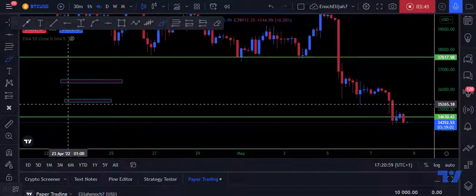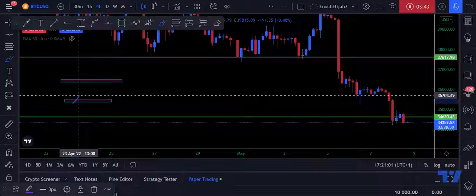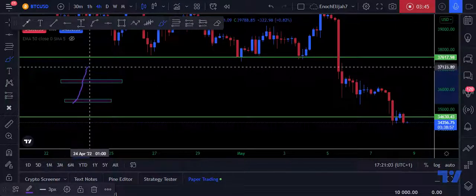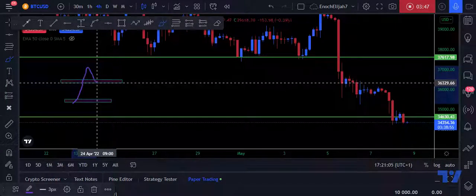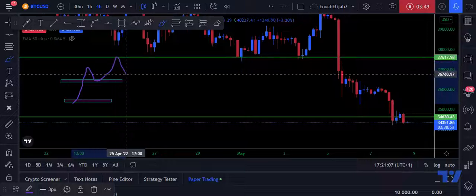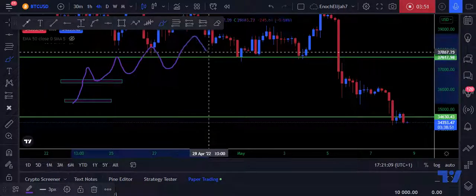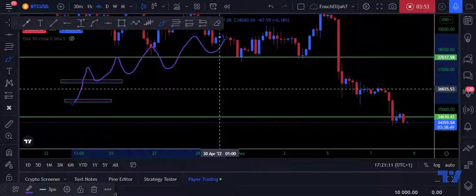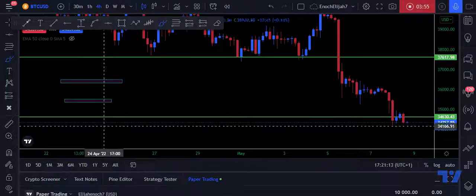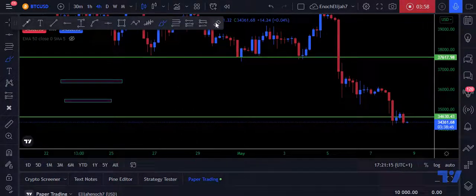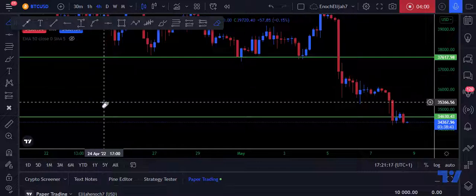If I start from here, it breaks out of this zone, comes back to test this zone, then goes up again like that, creating higher highs and higher lows. That's a typical move in a trending market. That's why a trending market is very easy and lovely to trade.